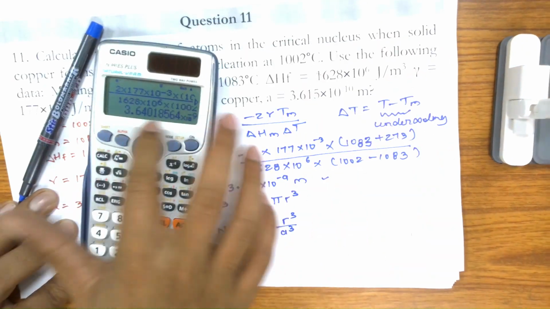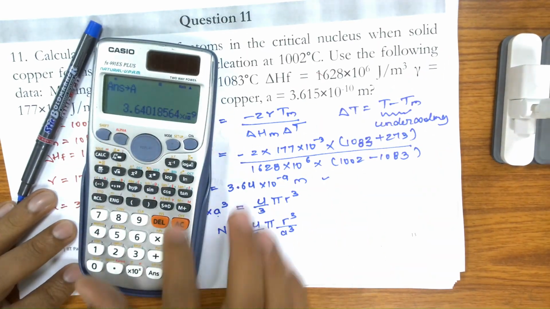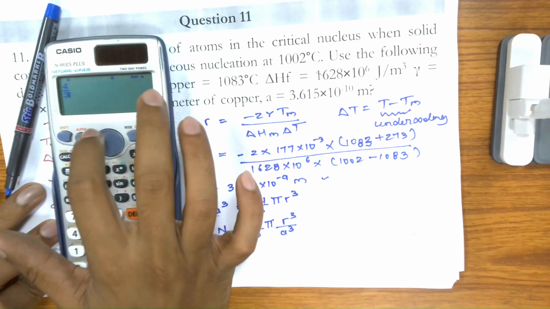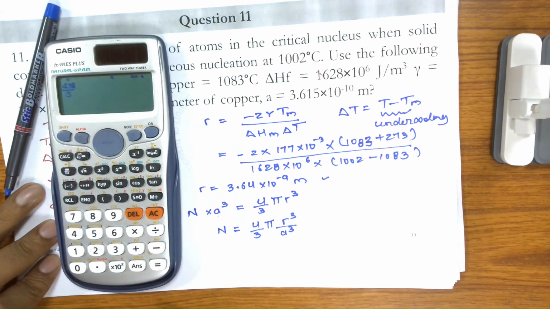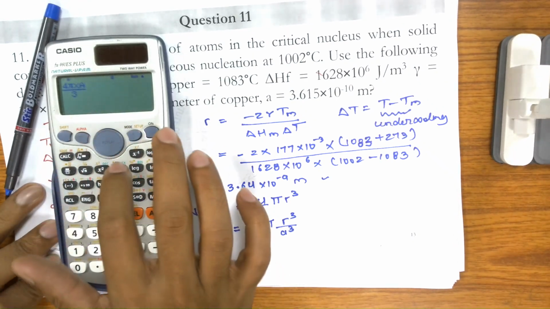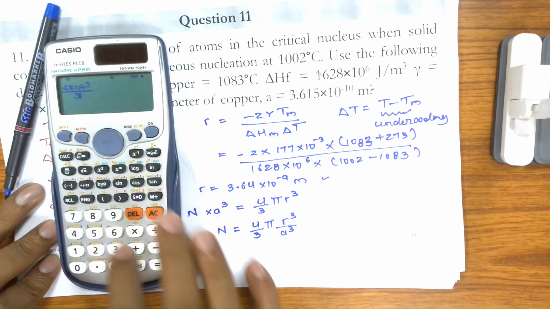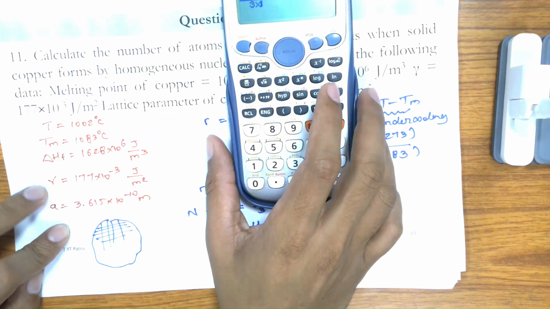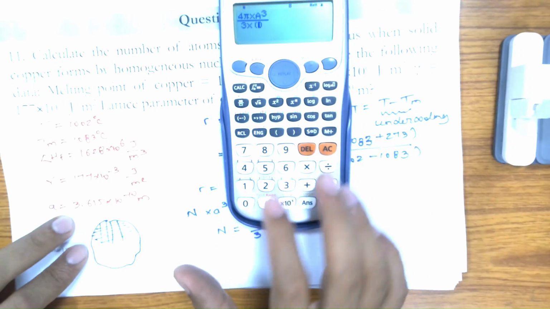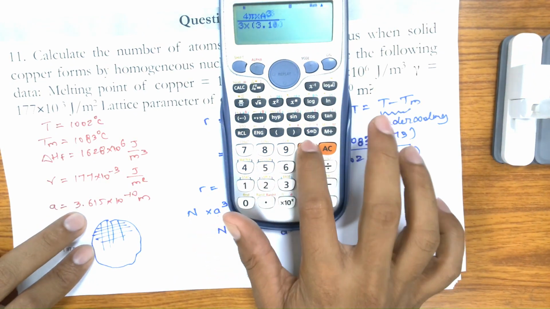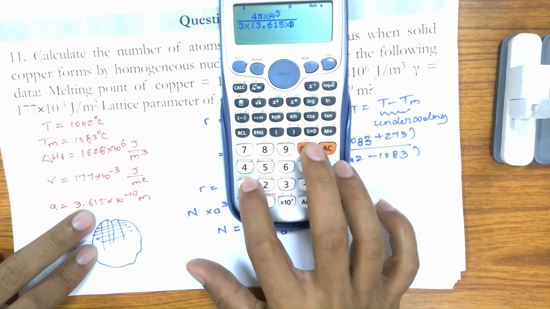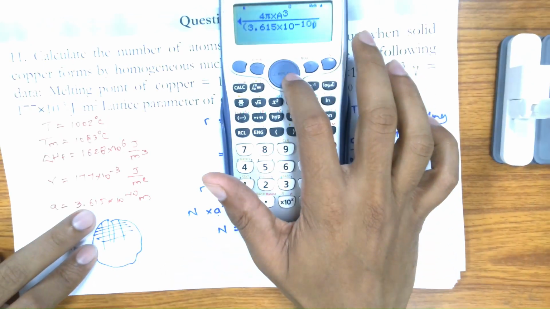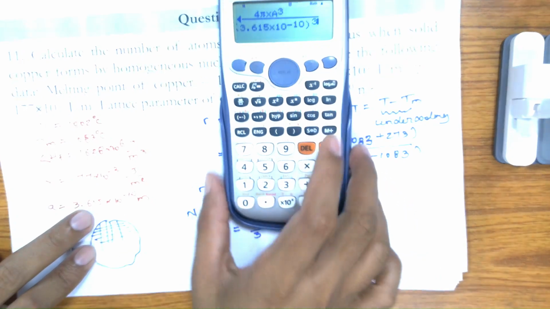This is the value of r which we have got; let me store this value in A. Now I will do 4 divided by 3 multiplied by pi multiplied by r cube divided by a cube, where a is the lattice parameter given to us, 3.615 multiplied by 10 to the power of minus 10, and we make a cube of it.